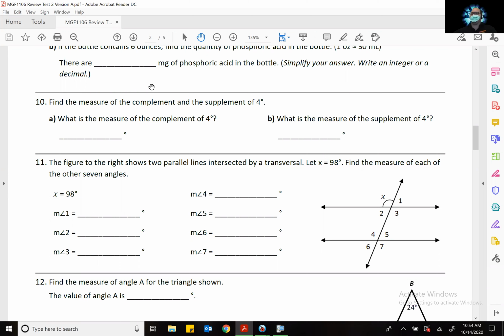What does complement mean? So if I got this 4-degree angle, how do I find the complement for it?